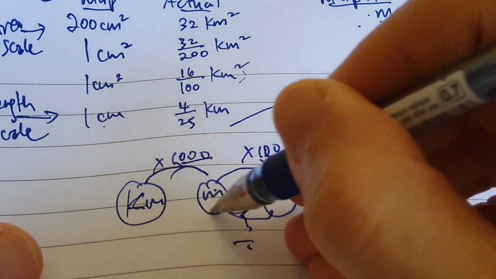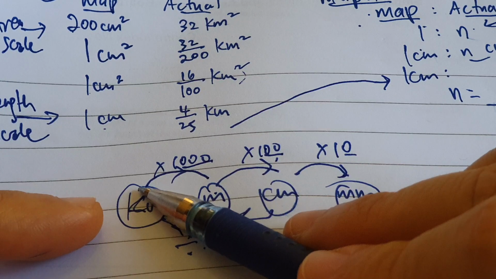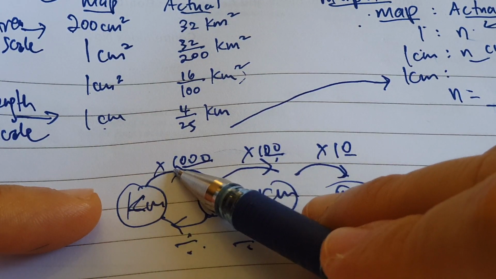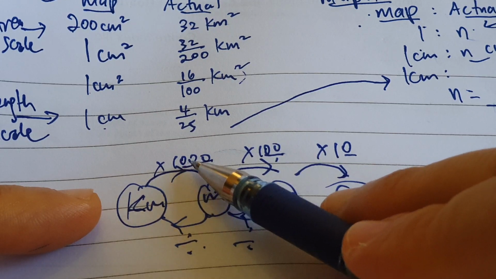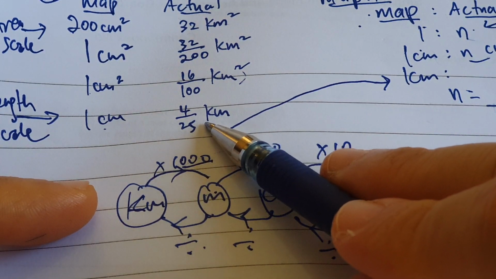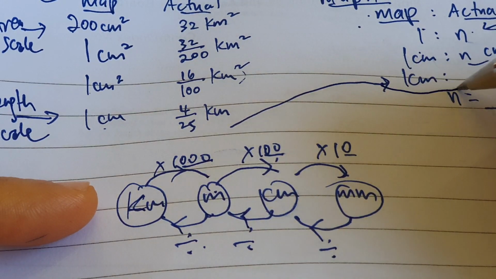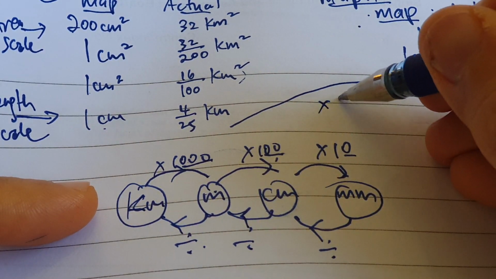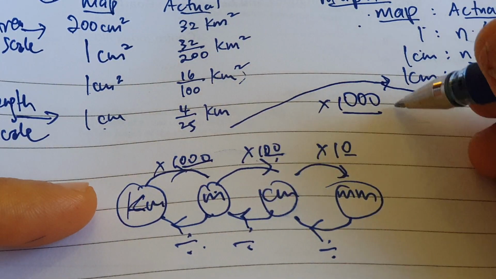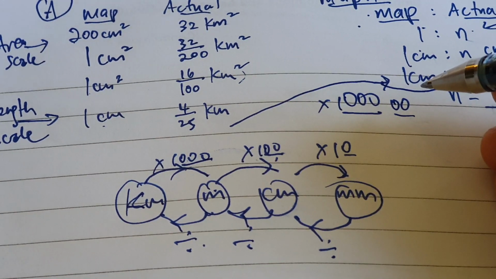If I want to go immediately from kilometer to cm, I times 1, then 1, 2, 3, 4, 5 zeros. So I multiply by 1, 2, 3, then 4, 5 zeros.